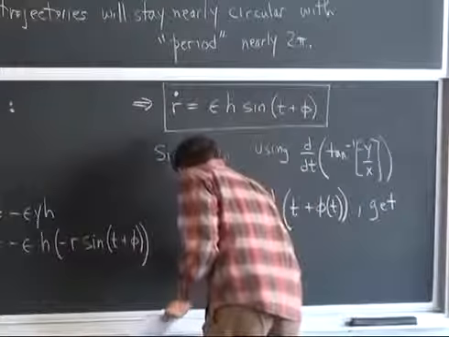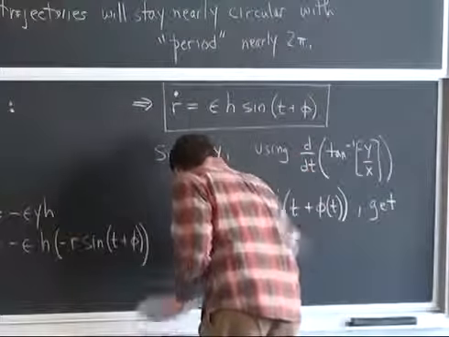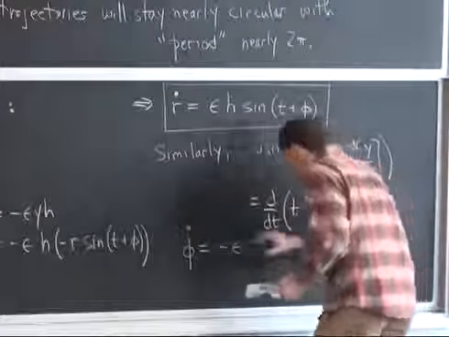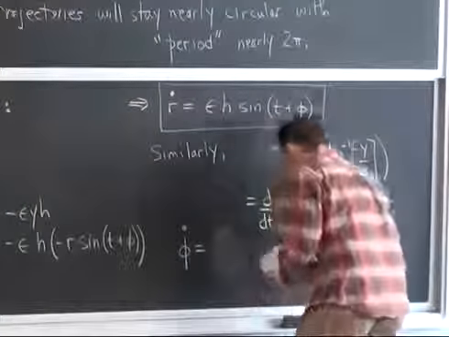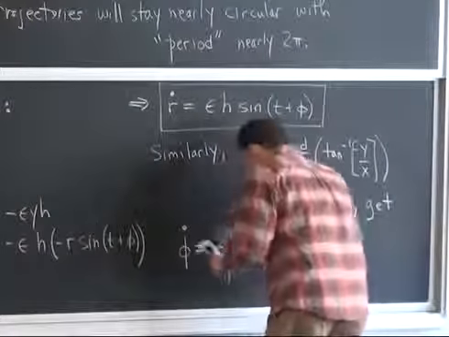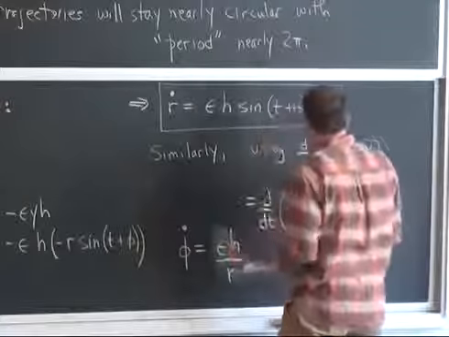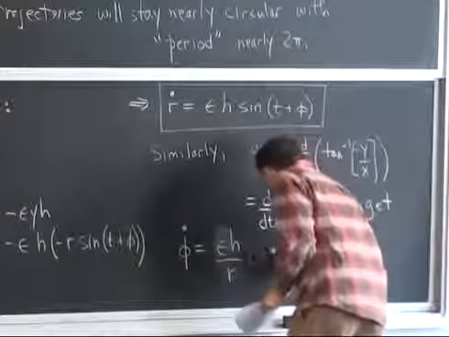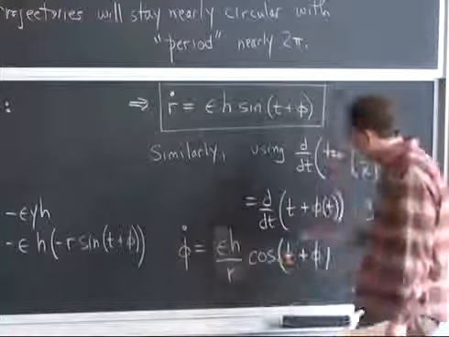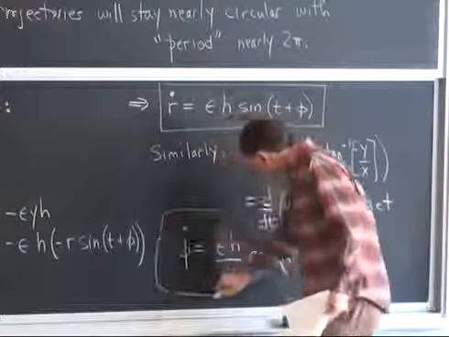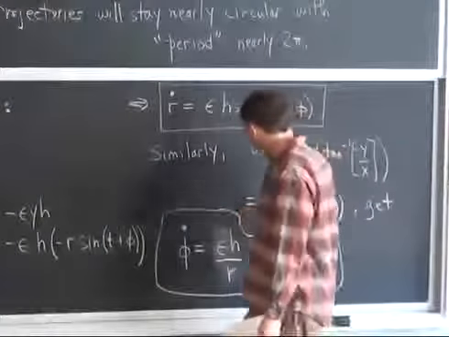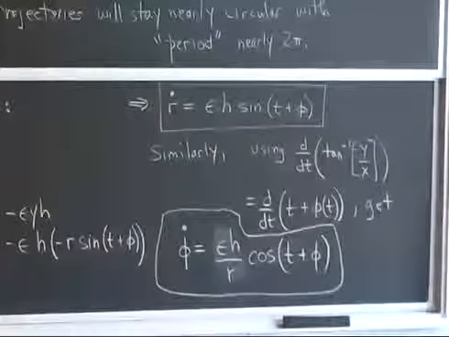You'll get phi dot is minus epsilon h, sorry, no minus, just epsilon h over r cosine t plus phi, and then that gets its own box. Okay, so check the algebra on that.